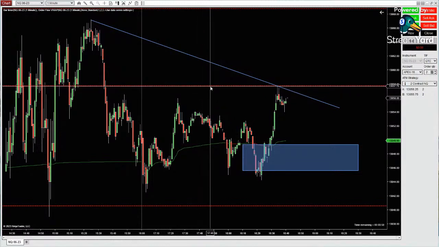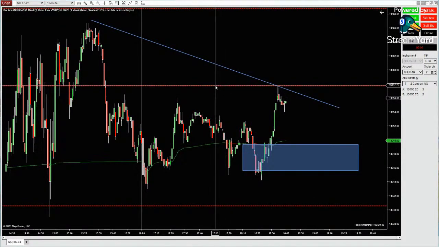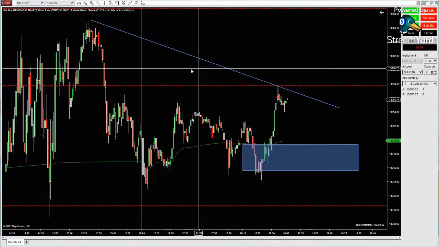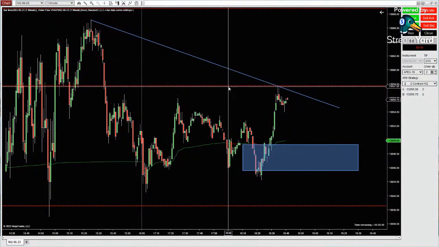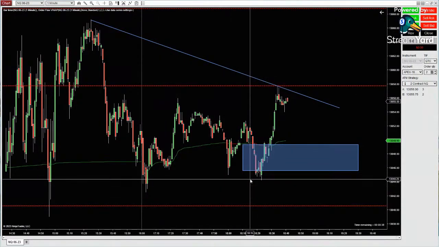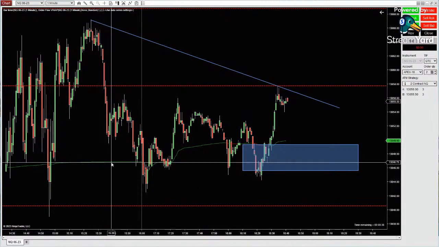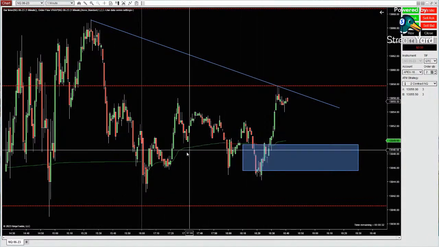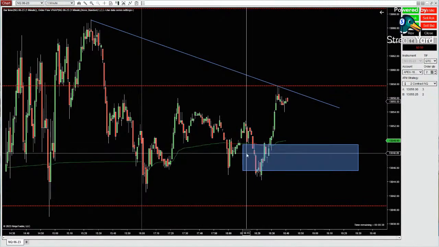And I like to see at least 3 touches of the market. So where I see those, I just mark those. And so as I go to the lower time frames, they'll come out here. And then this is just a VWAP. Don't usually like to trade off the VWAP, but I just like to see where the market is.